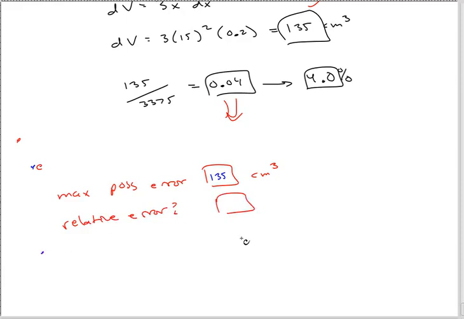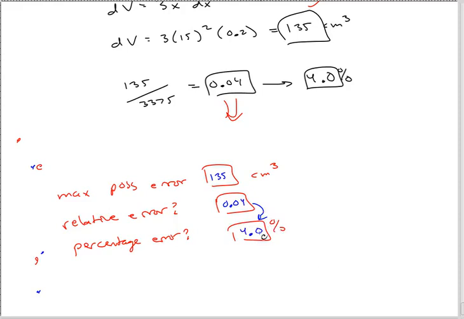Well, relative means in respect to the actual volume, the actual value. And so we got the 0.04 here, and that's why I'm dividing them. Let me explain that more in just a second, but let me just finish this guy up. And then it says, what's the percentage error? And they go blank percentage. And so they're just taking the same value that we had, and we're changing it into 4.0% because you shift the decimal twice.